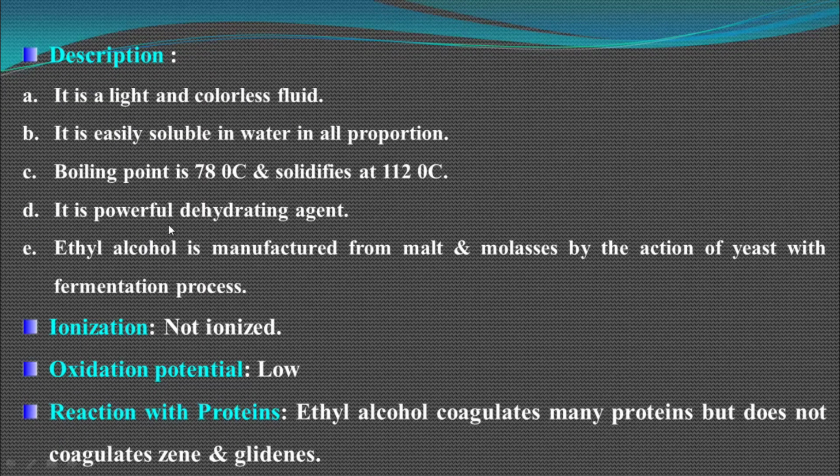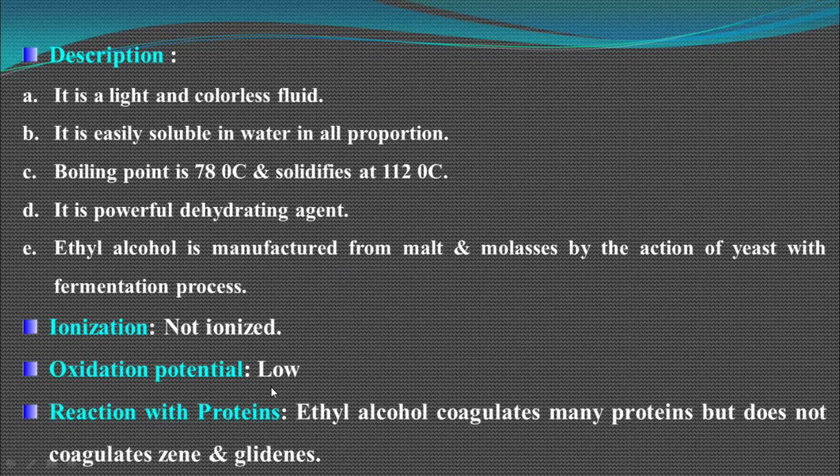Ethanol is a powerful dehydrating agent. It is manufactured from malt and molasses by the action of yeast, by the fermentation process. Generally, ethyl alcohol is not ionized. Its oxidation potential is low.